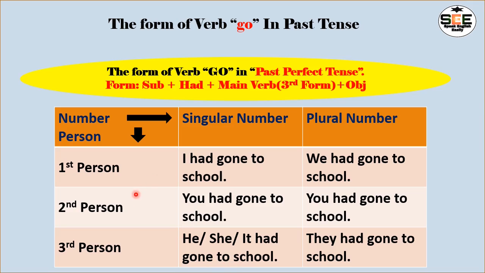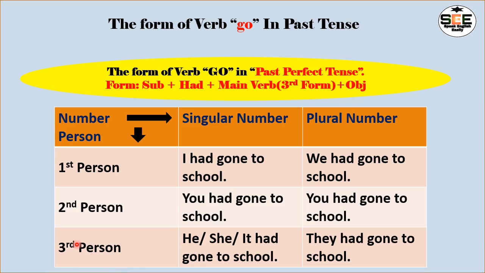And if we see the plural number in the second person, the sentence is the same. You had gone to school. Here also you is the subject, had is the helping verb, gone is the third form or participle form of go, and school is the object, right?